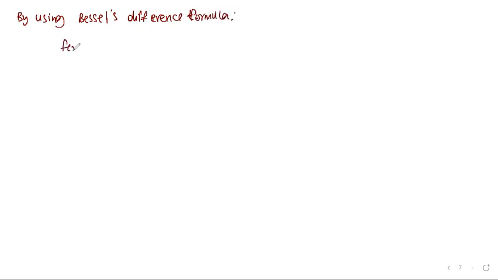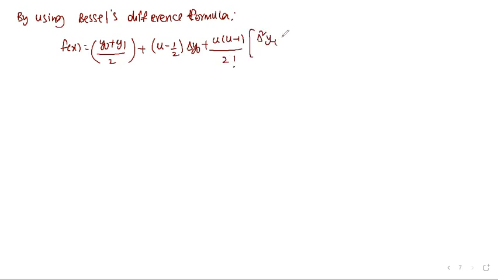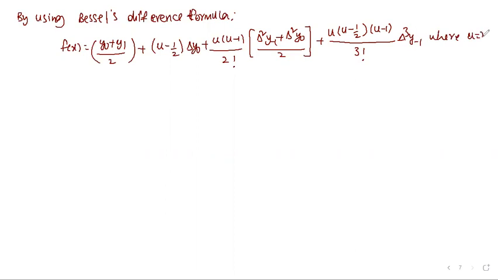write the formula. F of x is equal to y0 plus y1 by 2 plus u minus half into del y0 plus u into u minus 1 by 2 factorial into del square y minus 1 plus del square y0 by 2, plus u into u minus half into u minus 1 by 3 factorial into del cube y minus 1, where u is equal to x minus x naught by h.